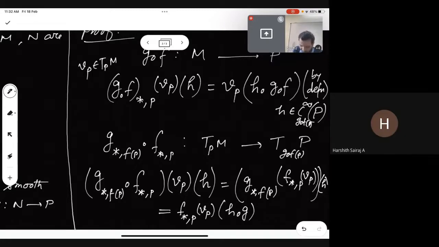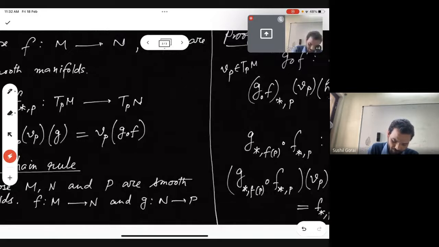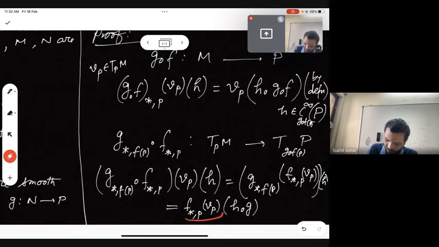Now G at that point, this is a derivation. So this is a derivation on N. See, the map F was from M to N. So this F star at P of V_P is coming from T_P M. So this is a map.